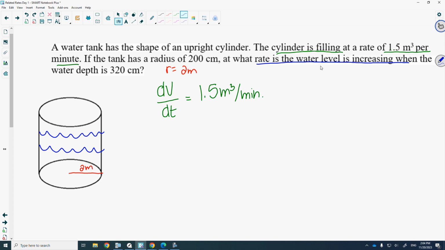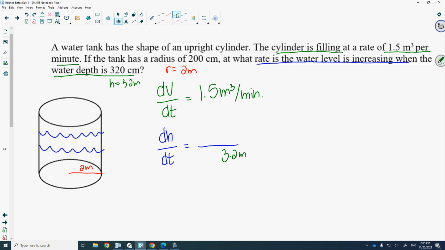The height of this cylinder, as you fill it, the height's getting higher. So that's going to be dh over dt. So at what rate is that increasing when they want to know the rate once it gets to 320 centimeters? And that would be a height of 3.2 meters.